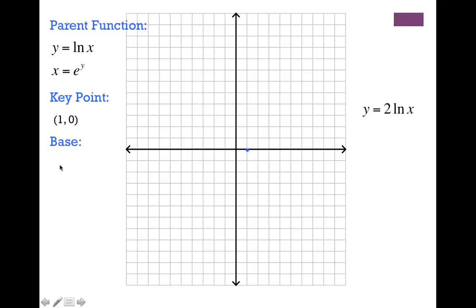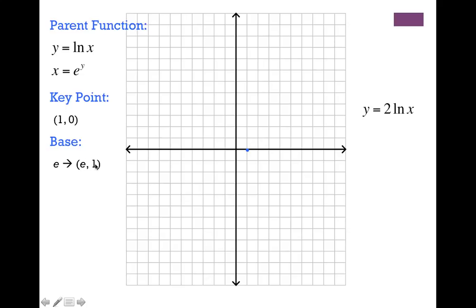And then another easy point to figure out goes along with the base. If I know I have a base of e, then I know I have to have a point at e, comma, 1. Because if I put 1 up here in for y, then I know e to the first power is going to give me e as an answer for x.